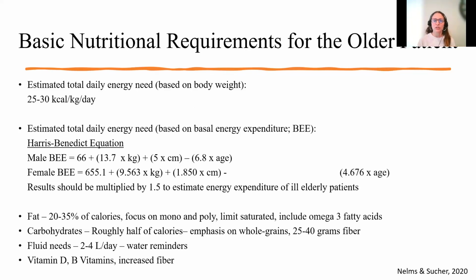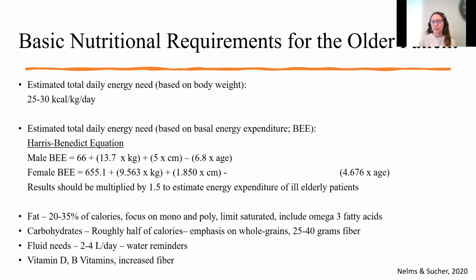When looking at the nutrient needs of the older patient, the exact criteria for calorie needs is a guess, to be honest. And a lot of times, if we're not directly measuring it with calorimetry, it's a guess. But the equations that are typically used for energy needs are 25 to 30 kilocalories per kilogram per day.